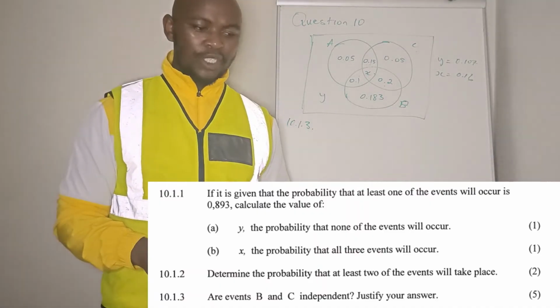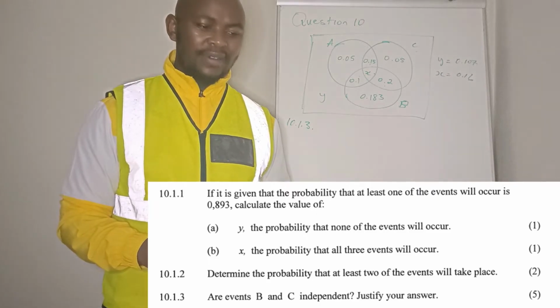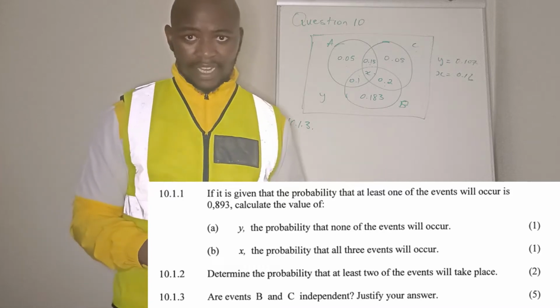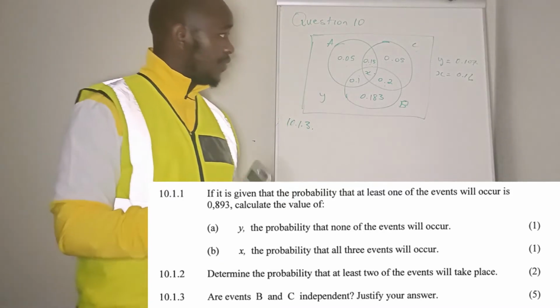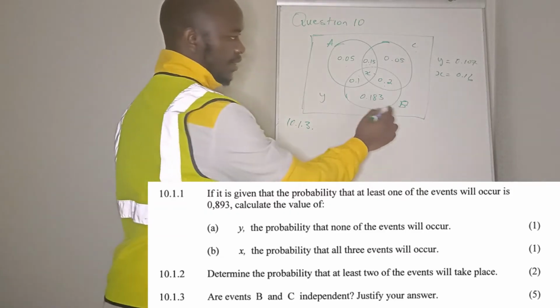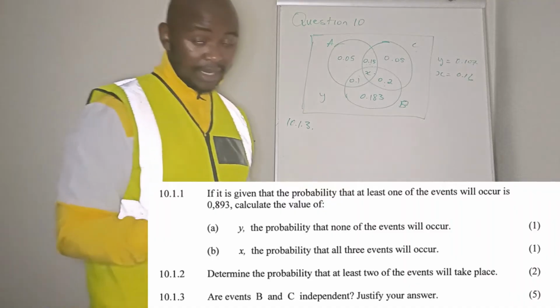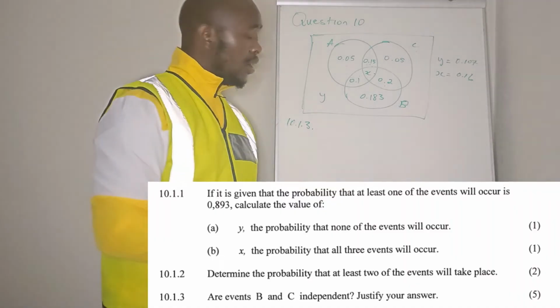10.1.3 reads as follows. Are the events B and C independent? Please justify your answer. Okay, so which one is event B and C? This is event B and C. They're asking if they are independent, and we must justify why we say so.